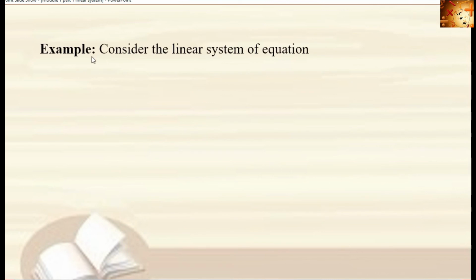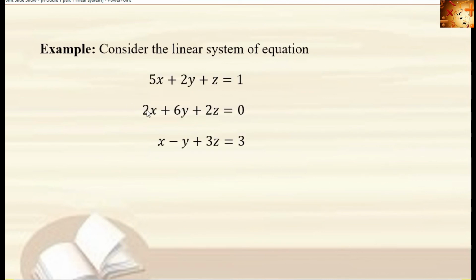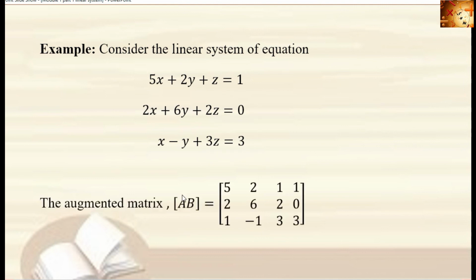Let's see an example. Consider the linear system of equations. This is our linear system of equations, that is 3 equations with 3 unknown variables. First of all, write the matrix form. So we get 5, 2, 1, 2, 6, 2, 1, minus 1, 3, then x, y, z is equal to 1, 0, 3.